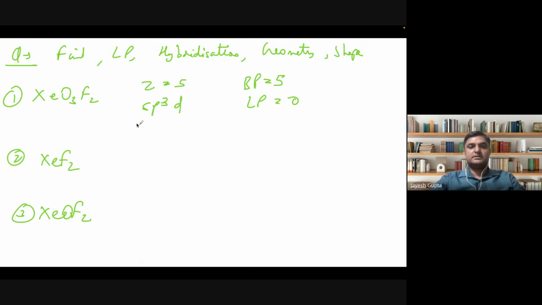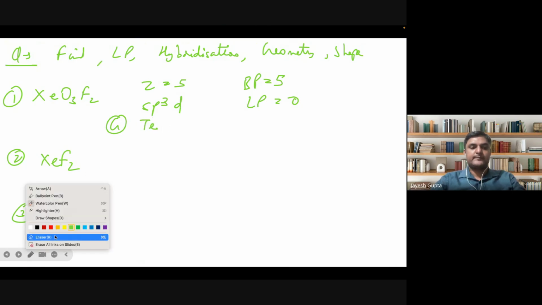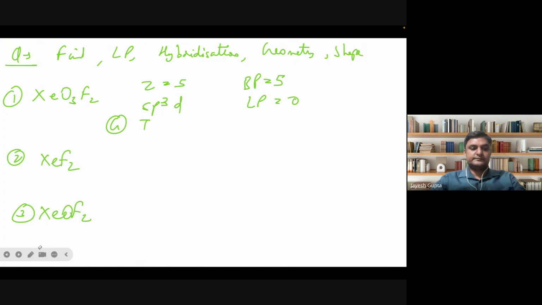sp3d. Geometry, I have already told you, will always be TBP. And if I talk about shape, geometry and shape are the same if you have 0 lone pairs, because only by hiding lone pairs do you create a difference. So XeF2 again. Out of 8 electrons, only 2 sigma bonds are made, with 1 electron shared with fluorine. 6 electrons are left.